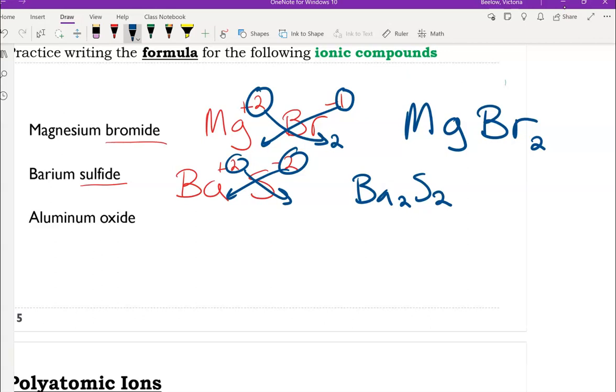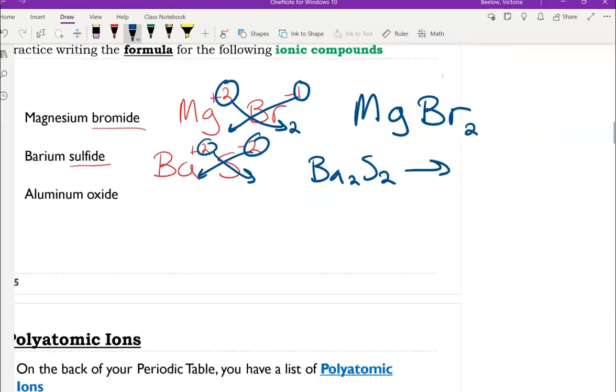and you would end up getting Ba2S2. Now if this happens, you do want to make sure you simplify if possible. So instead of Ba2S2, that's the same thing as saying just BaS.